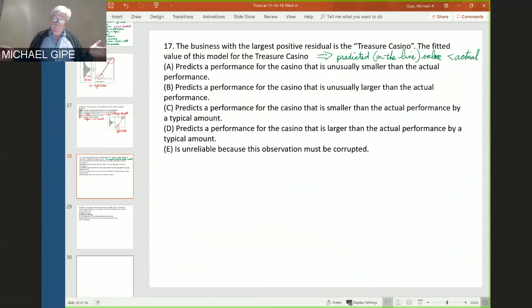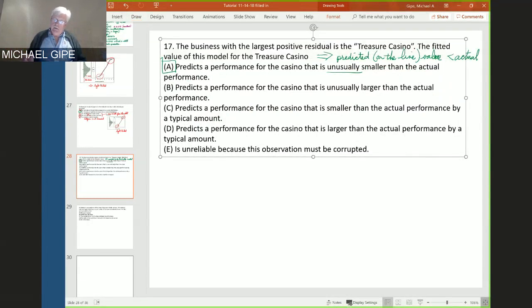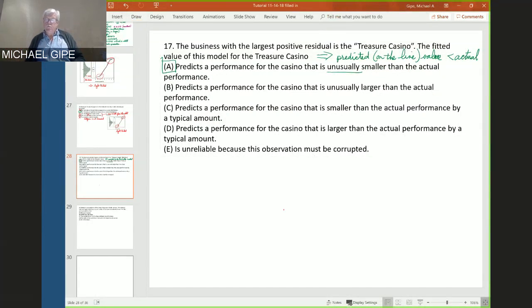So by knowing that, we can actually say A is the correct answer, right? It predicts a performance for the casino that is unusually smaller than the actual performance. What is unusual? Unusual means it's more than most of them. It's an English term, not a technical term, so it's approximate. How about B? B predicts a performance for the casino that is unusually larger.